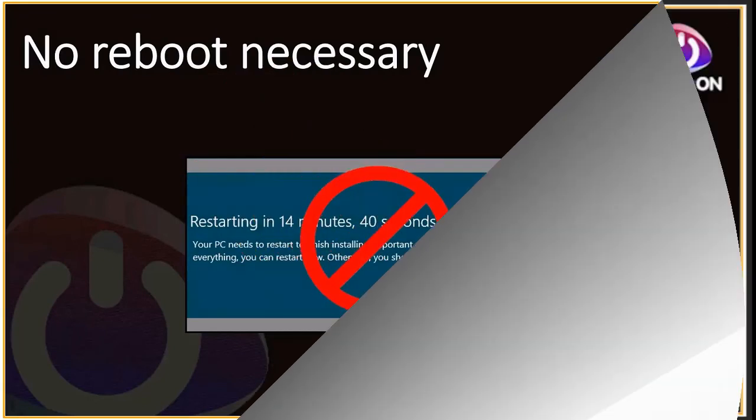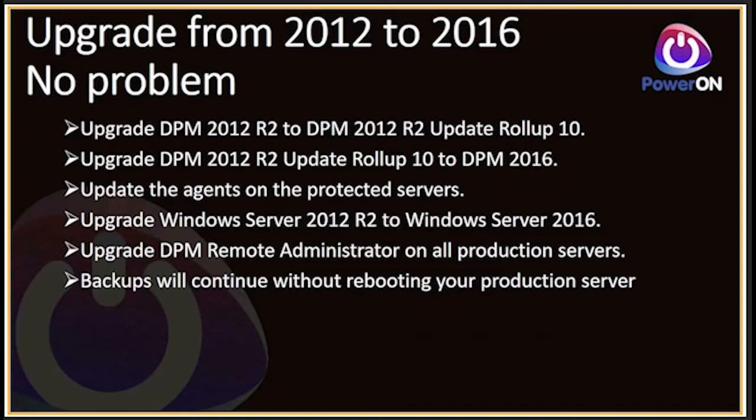You can install DPM 2016 on Windows Server 2012 R2 or Windows Server 2016. If you're installing DPM 2016 on Windows Server 2012 R2, you must upgrade the existing DPM installation from 2012 R2 with update rollup 10 or greater.